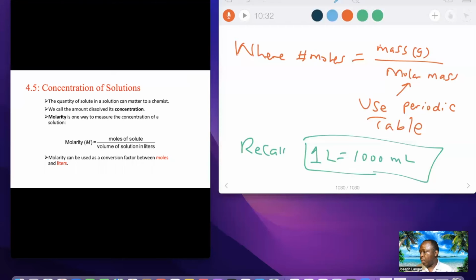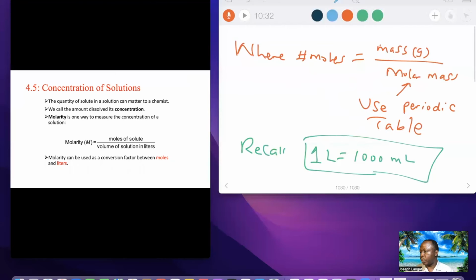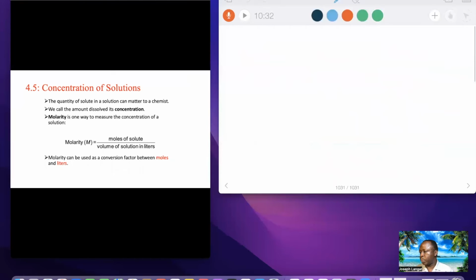Out of this main equation, you can generate two other equations. This is equation 2: number of moles is given by the molarity times volume in liters.